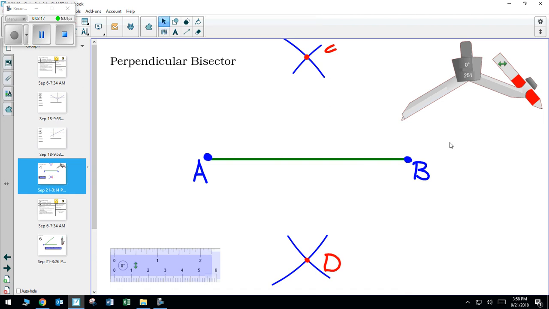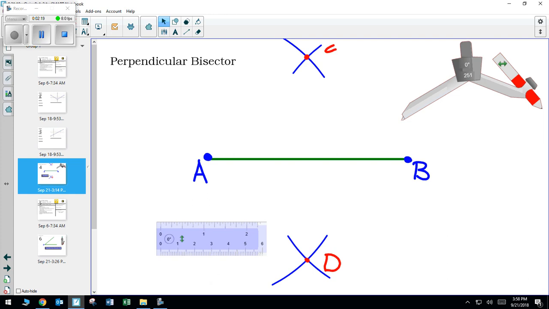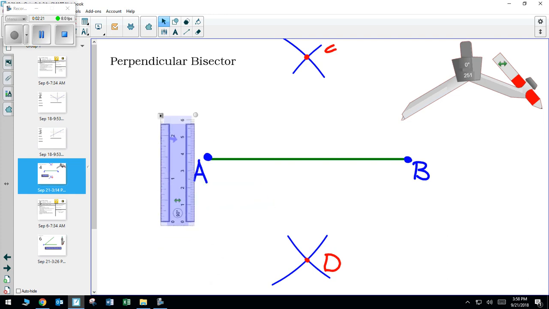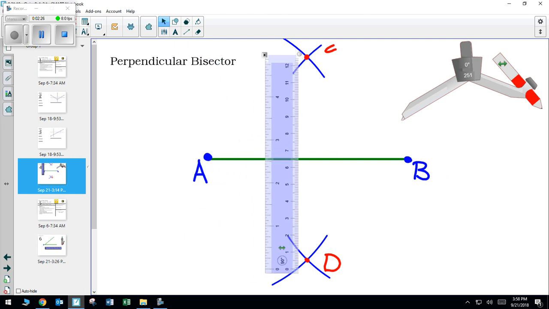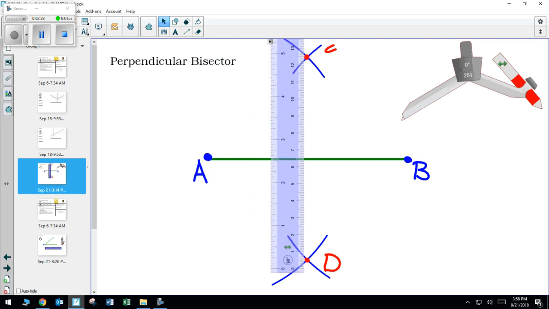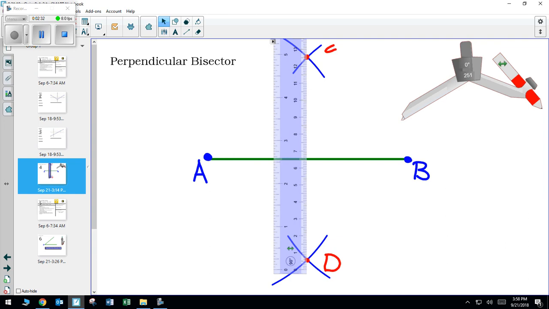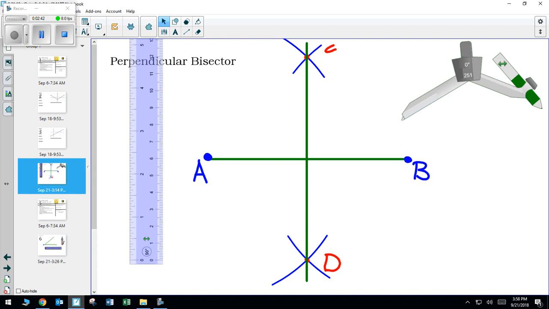And the last step to finishing this construction is to take your straight edge and to connect those 2 points. So if I connect C and D, I've now created a perpendicular bisector.